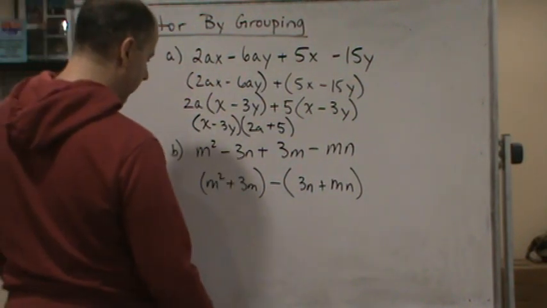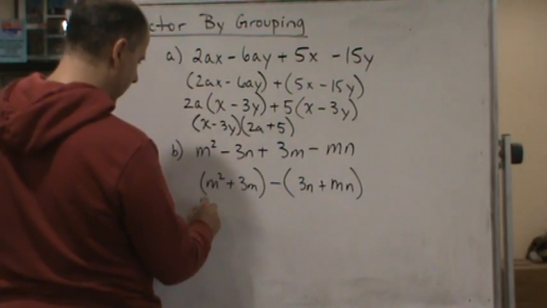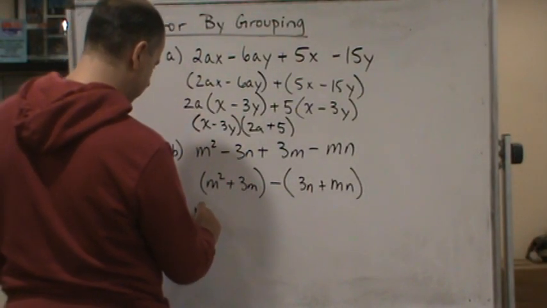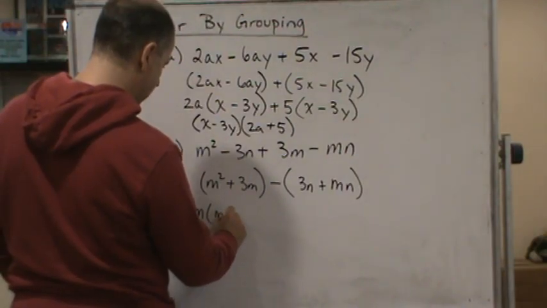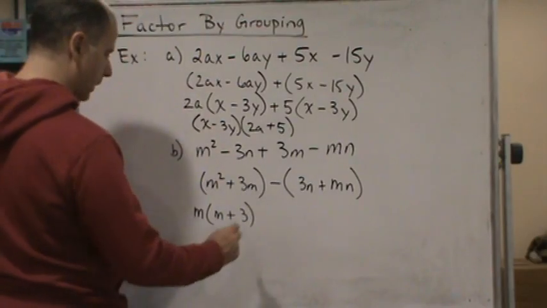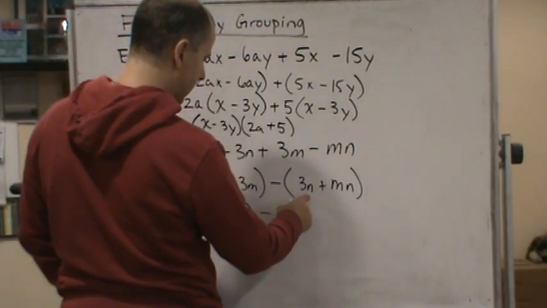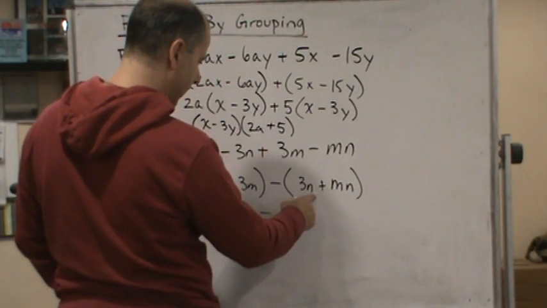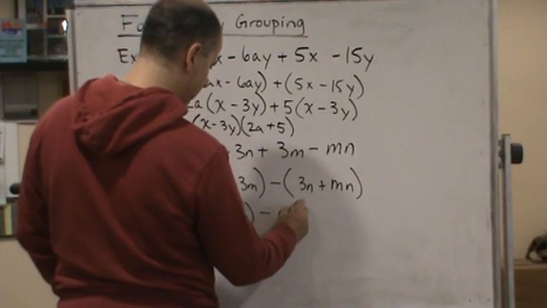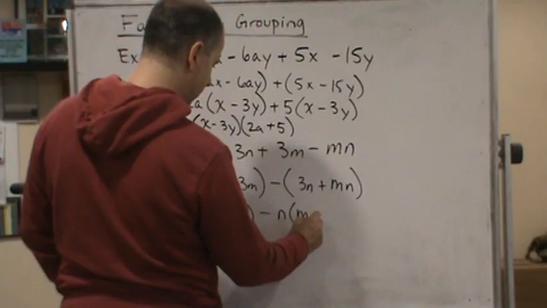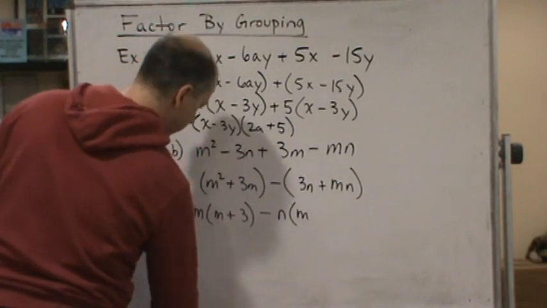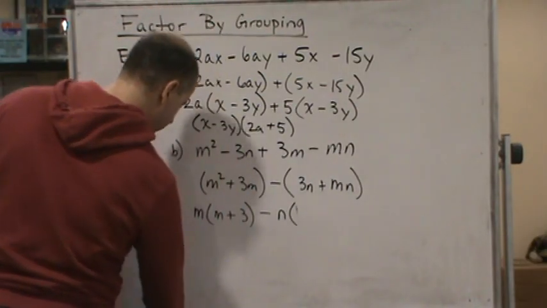Okay? Now, if I do the greatest common factor here, I get m, which leaves me m plus 3, minus, and then I can factor out an n from here, and I get what? Let me write it the way, I don't want to switch things around yet.